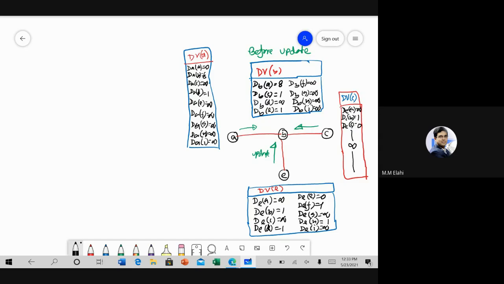We don't know how many steps we need until there is no more update, but this is the second step for B, and B has neighbors A, C, and E. Everyone has its own distance vector, and they send updates to B. So up to this point, is everybody clear? Is there any question? If there are any questions, please feel free to ask.